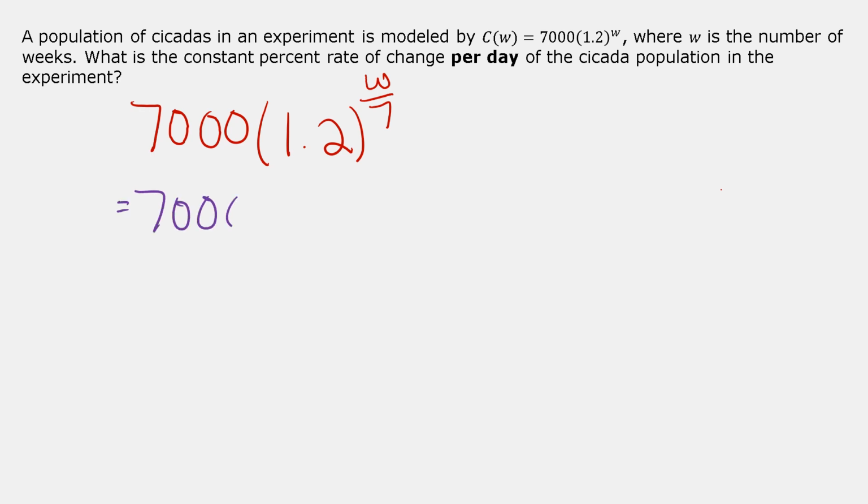So if we split this up, this will be 1.2. What's my fraction going to be that I'm raising 1.2 to? 1/7. So do 1.2 to the 1/7 in your calculator.